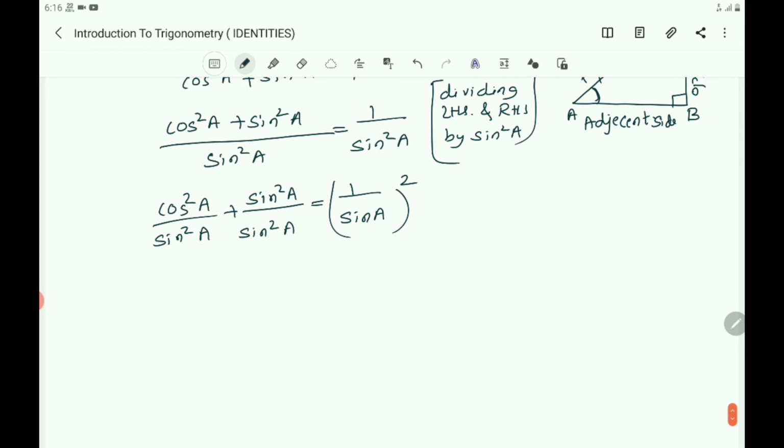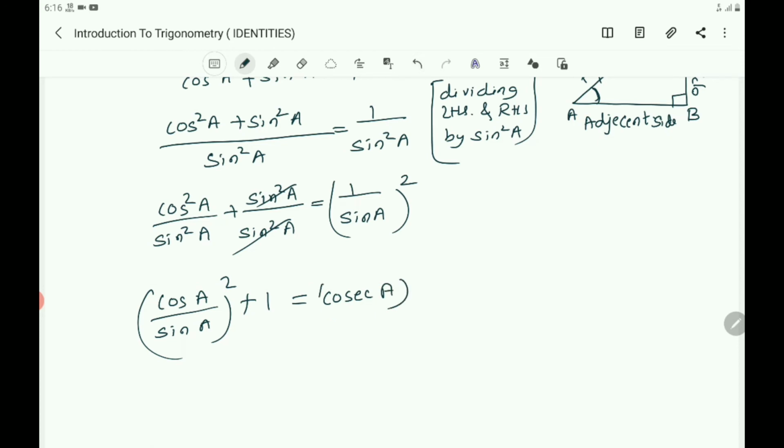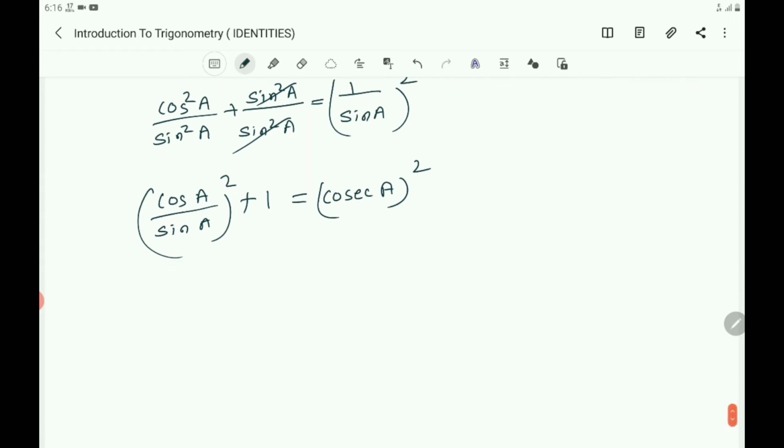Then you know that cos square a by sin square a is cos a by sin a whole square, plus sin square a cancels, you can write 1 here, and 1 by sin is cosec. That is cosec a whole square, because 1 by sin is cosec.